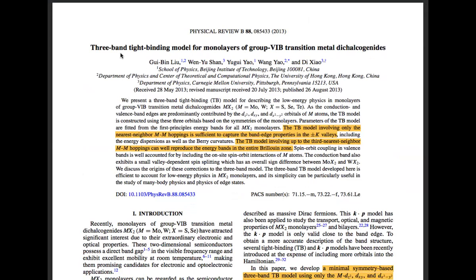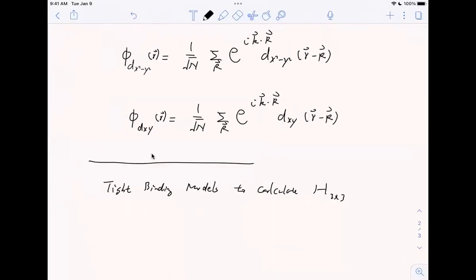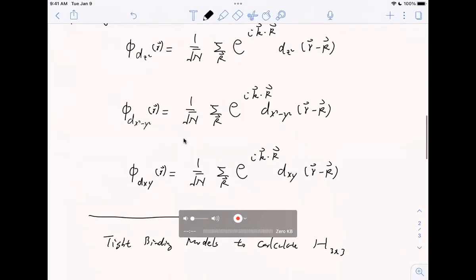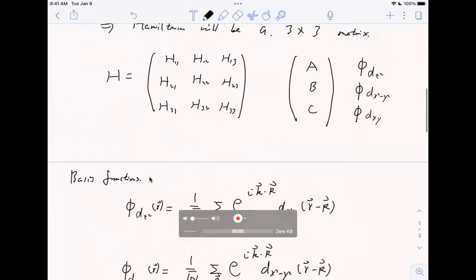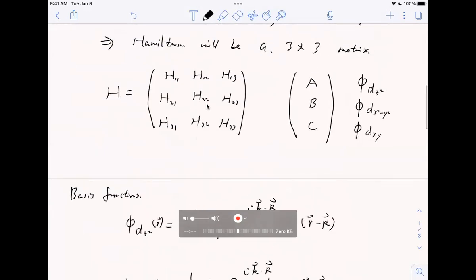This is a 3-band tight-binding model for monolayer TMD. So why is it called 3-band? The 3-band means these 3. Okay, these are the 3 bands. You consider 3 orbitals, and then construct a 3x3 Hamiltonian.